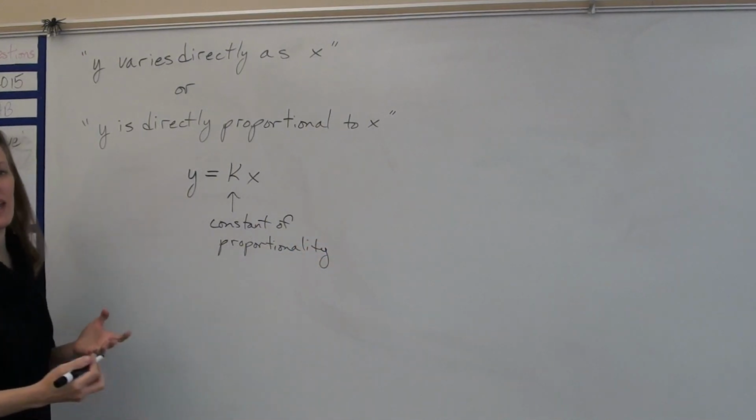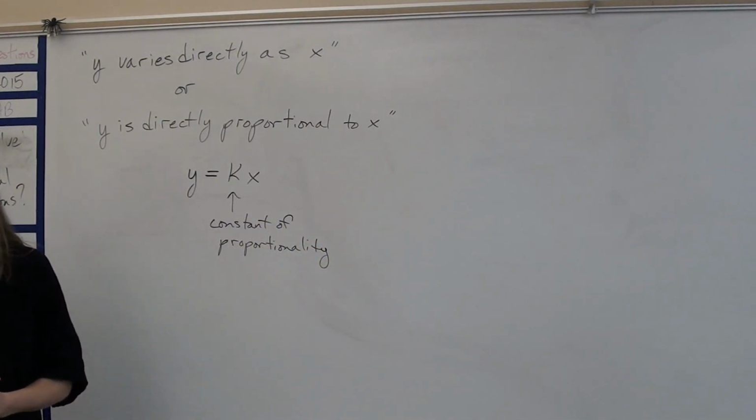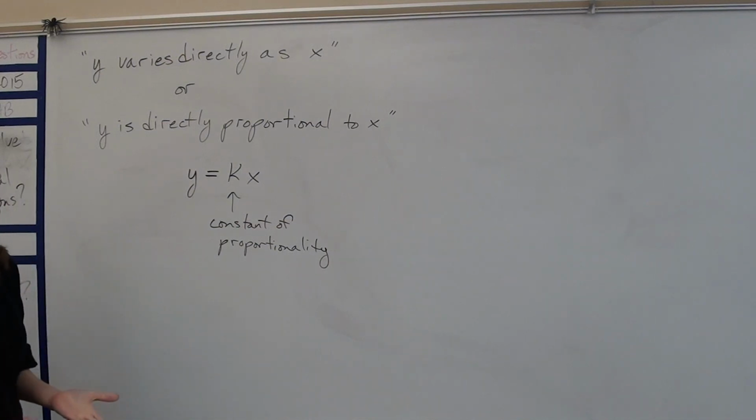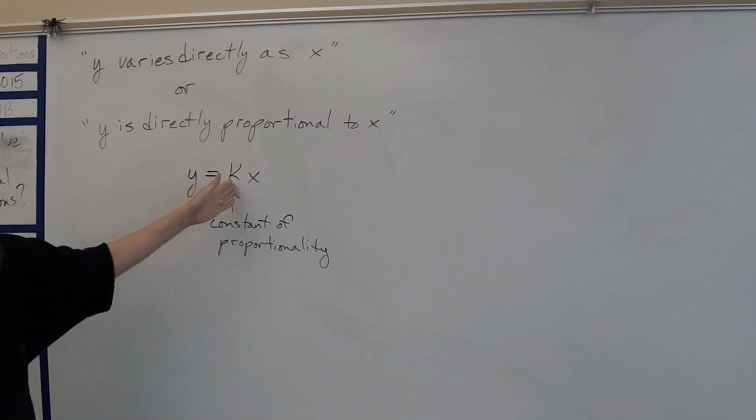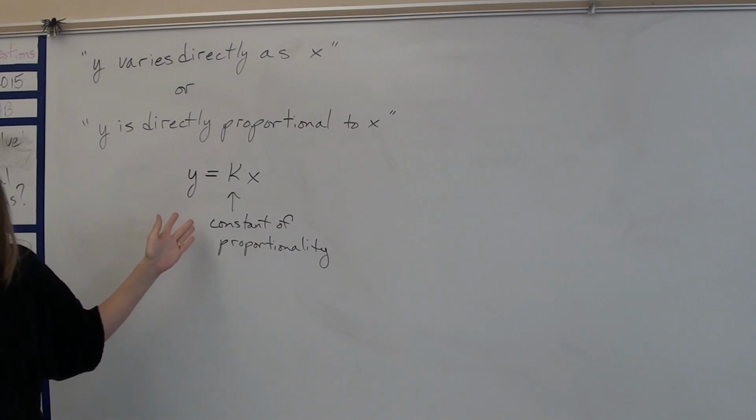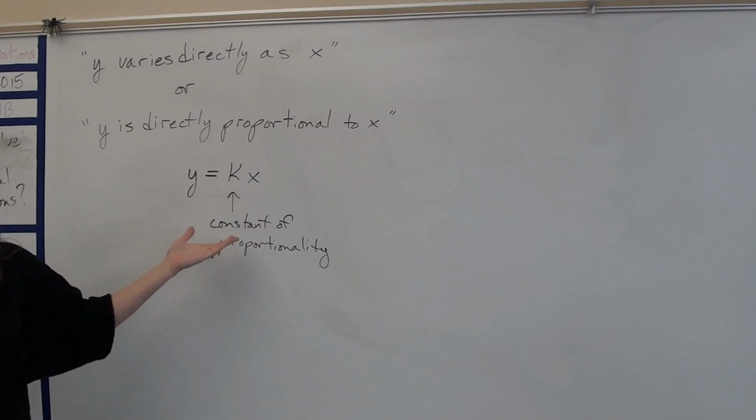But it's important to know that k is a constant. So when two things are proportional, one is just a constant multiple of the other. It's the definition of proportional.